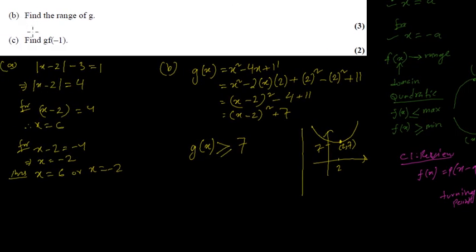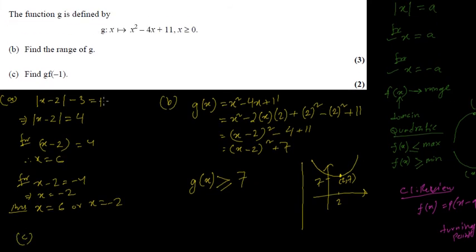Now for question number C, we have to find gf(minus 1). Before gf(minus 1), it means we have to put f(minus 1) inside of g. So in order to do that, we need to find the value of f(minus 1).